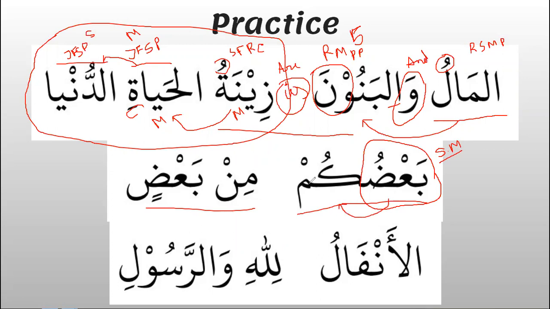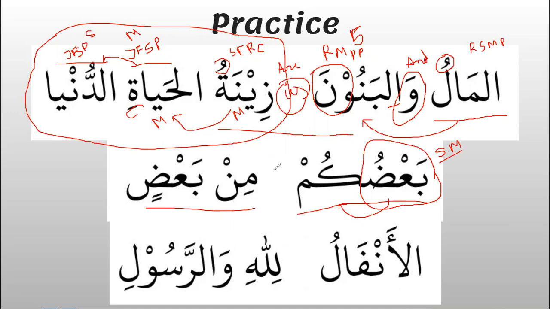Okay. Then come the kum and min. Is there any connection between kum and min? It is not jar majrur. It is not harf nasab and its victim. It's not mawsuf sifa. It cannot be, right? Because this word is kum and this one is min. This one is an ism and this is a harf.